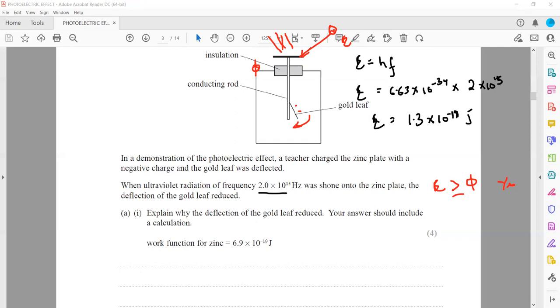Now we will compare this energy with the work function. What is the work function given here? The work function of zinc is 6.9 into 10 to the power minus 19, the minimum possible energy which we need to remove an electron.